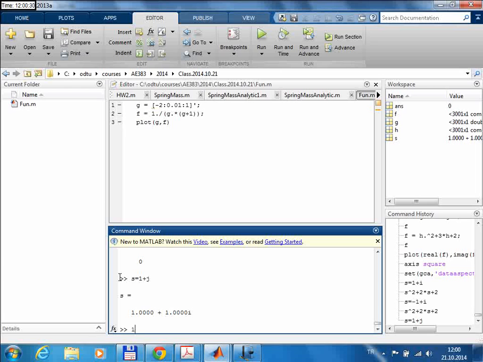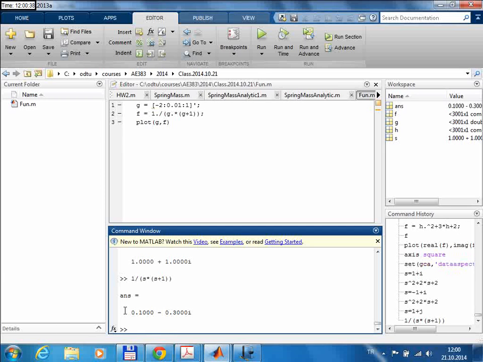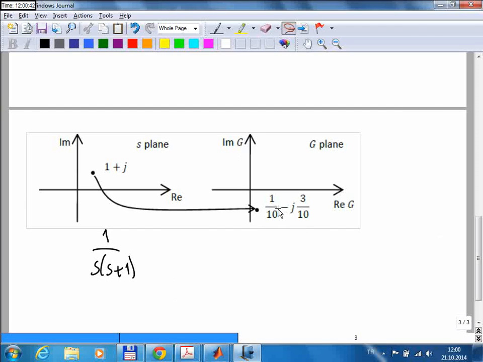Let me calculate the value of that, 1 over s times s plus 1. See, this is the value of the function. This is what we found, as you see. So let me see what the value of this point is, and that point is, and that point is.